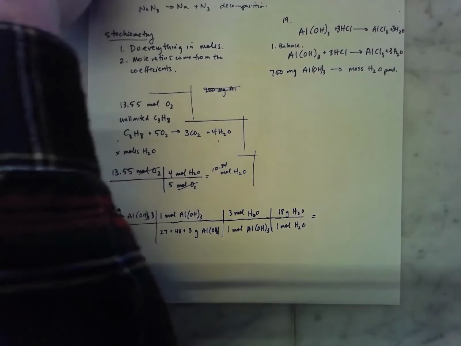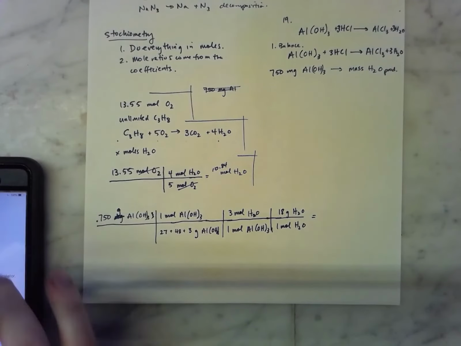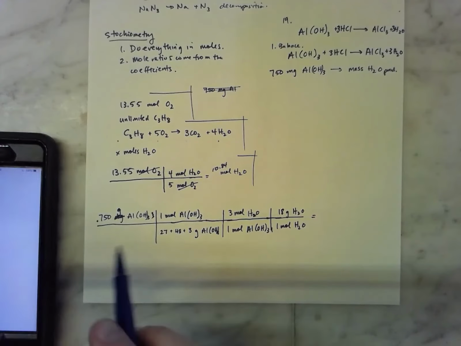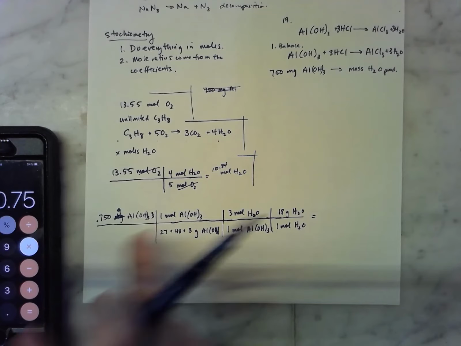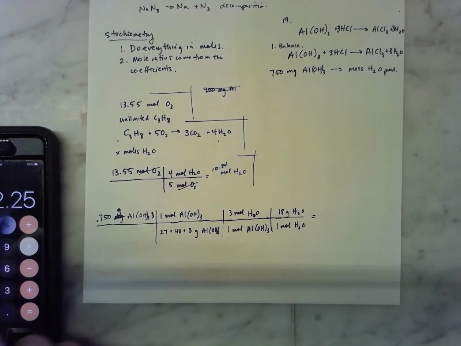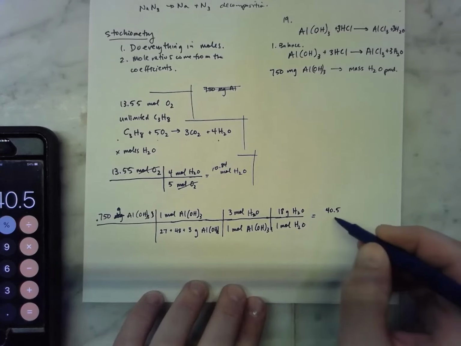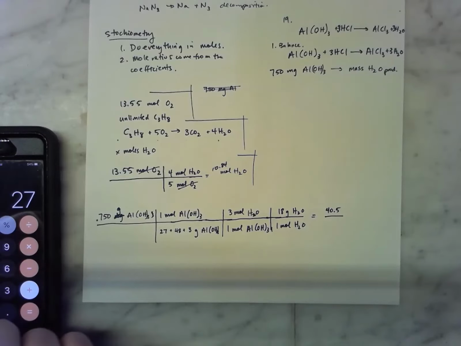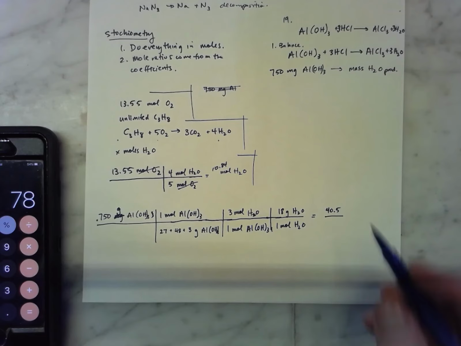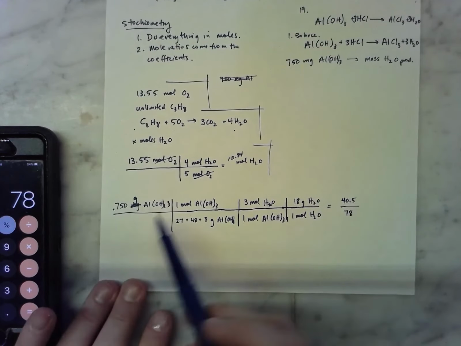Okay, so very quickly, let me do this, and that'll be it. All right, so 0.75 times 1 times 3 times 18 is 40.5 over 27 plus 48 plus 3 over 78. And let's make sure everything cancels out.